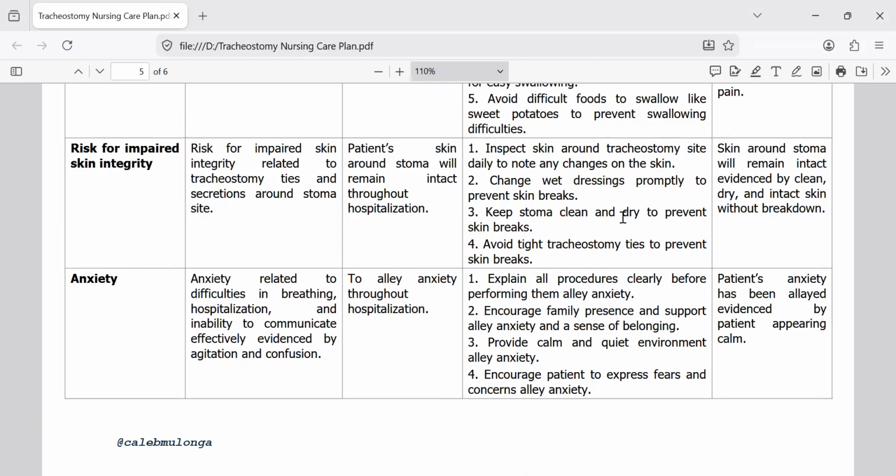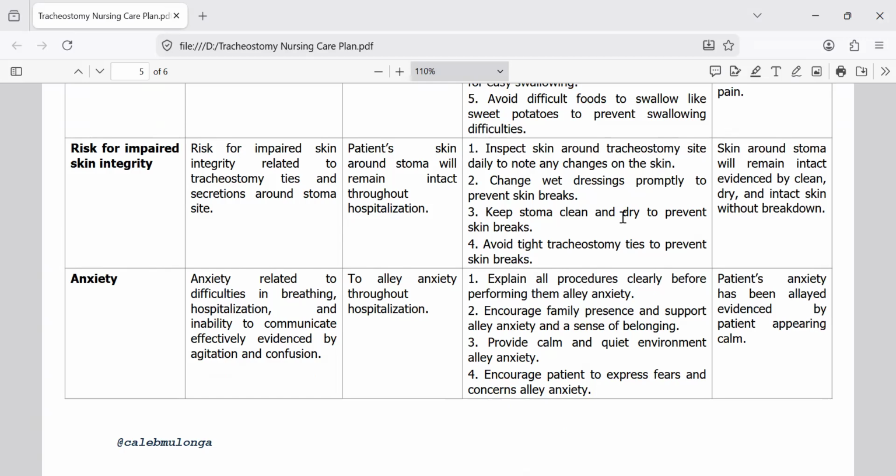But remember, strapping will irritate the skin. All these things can irritate the skin. So these ties that you are using on the neck should not be too tight because they will cause skin breaks.